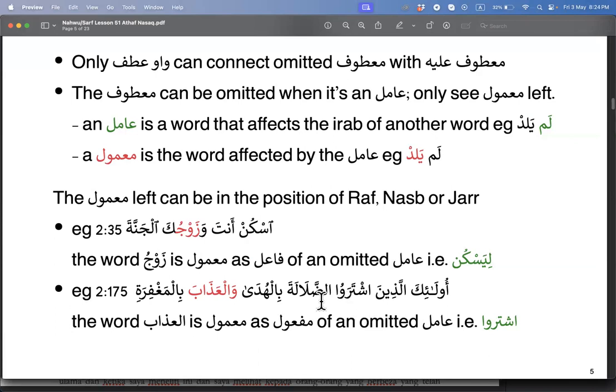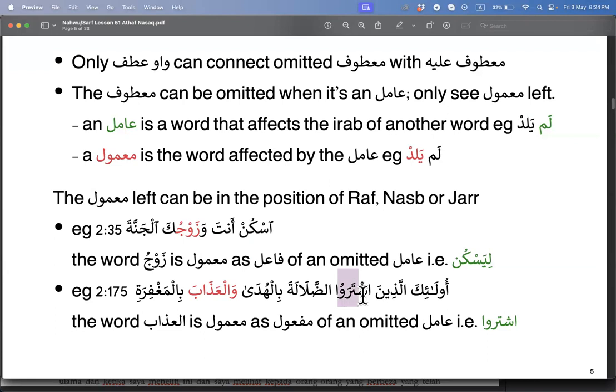So how do you translate this? They buy, they exchange with guidance. Yes, misguidance and guidance basically. So ishtara means to buy, so you're right to say exchange.